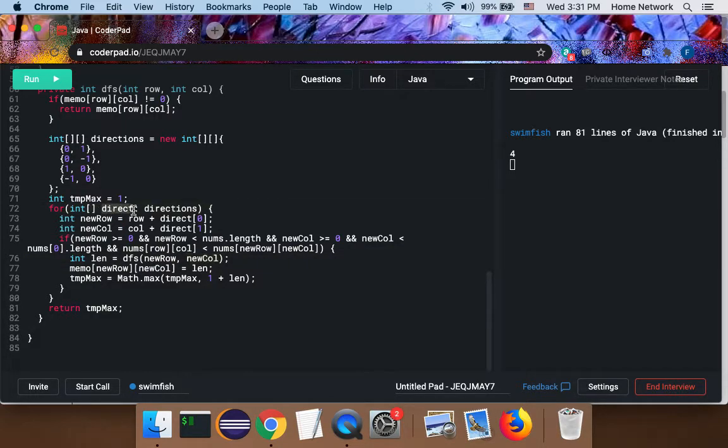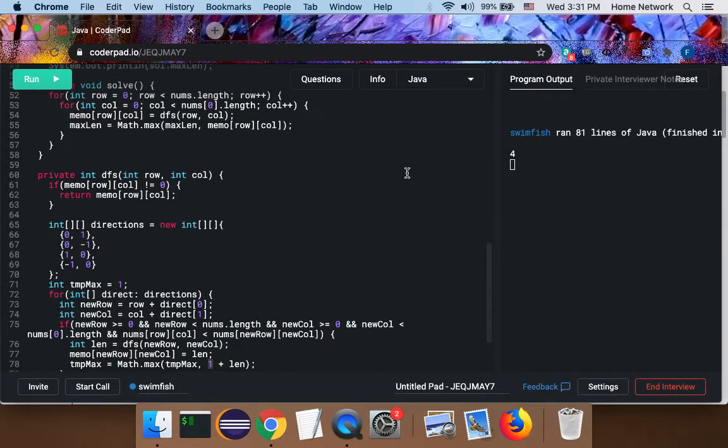At each iteration, we explore one direction. We find the length, and we update the memoization for that new node. And we compare the temp max, if we find a new, bigger temp max. Finally, we return that temp max, that is the longest length plus the current node length.